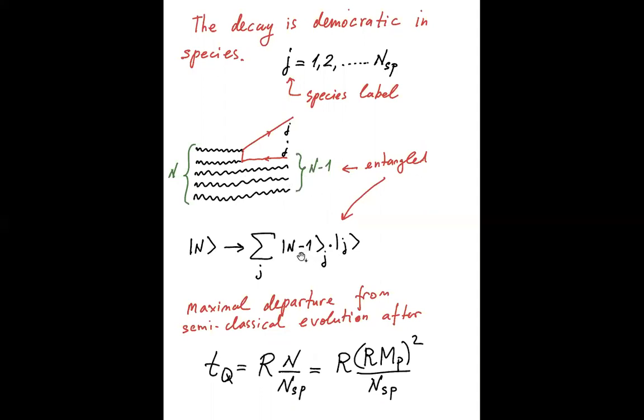Again, this is highly schematic because there is no such thing as particle number conservation, obviously, in a relativistic theory. n-1 I put here in order to distinguish from n. And there is also index j. Why index j? Because the state is entangled, obviously. As a process of particle creation, the state is entangled. And here comes a very important novelty that is revealed by corpuscular theory, that is absent in semi-classical theory, and that is also true for black holes, which I will discuss a little bit later.